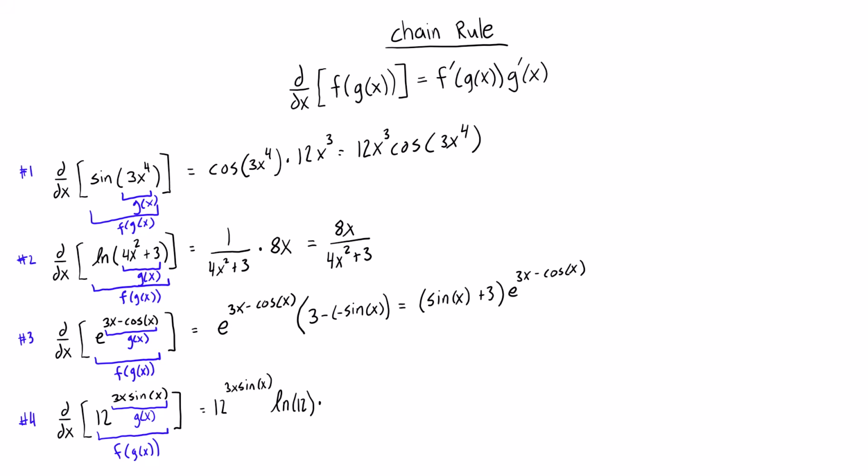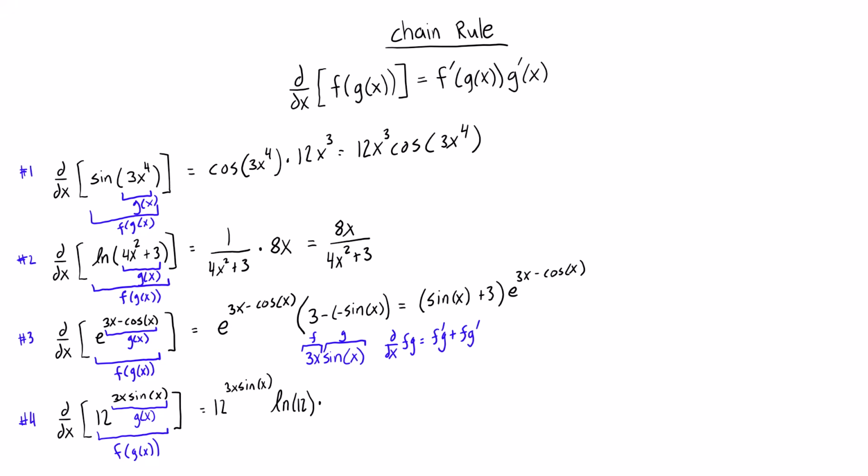And for this, we're going to have to use the product rule, because g of x is made up of two parts. It's 3x and sine of x, where 3x is going to be considered f and sine of x is going to be considered g, and the derivative of f times g is going to be equal to f prime g plus f g prime.